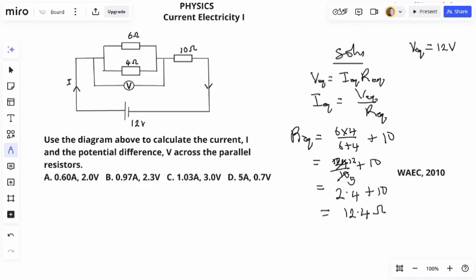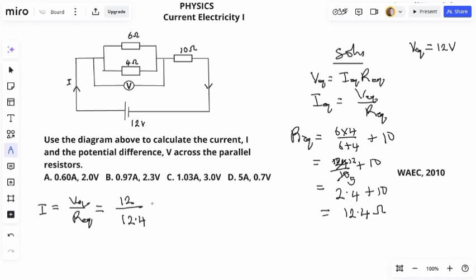But that's not what we were being asked. We were asked for current. So this current I, which is the same thing as the equivalent current, the total current drawn, is equivalent voltage divided by equivalent resistance. So equivalent voltage is 12 divided by equivalent resistance, which is 12.4.